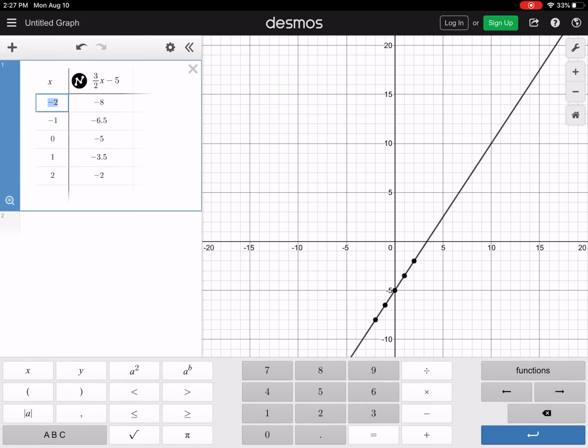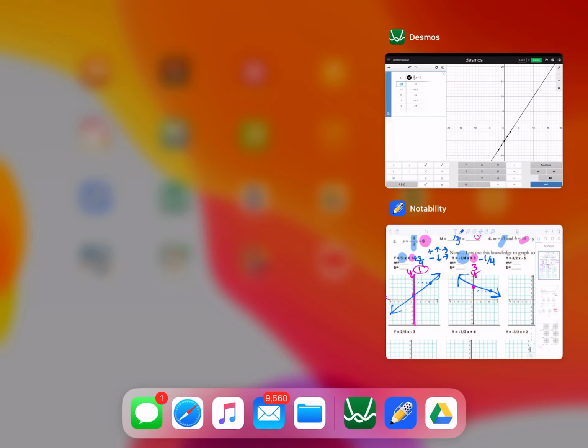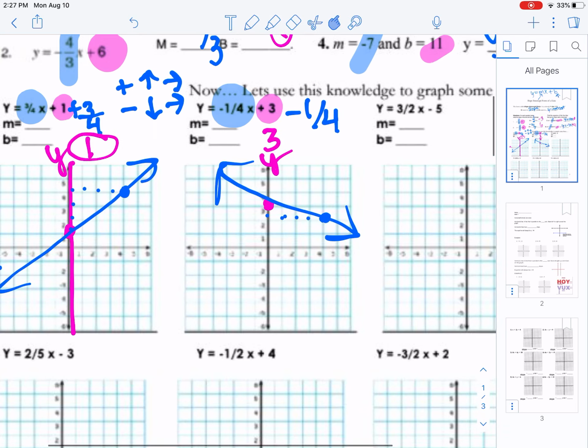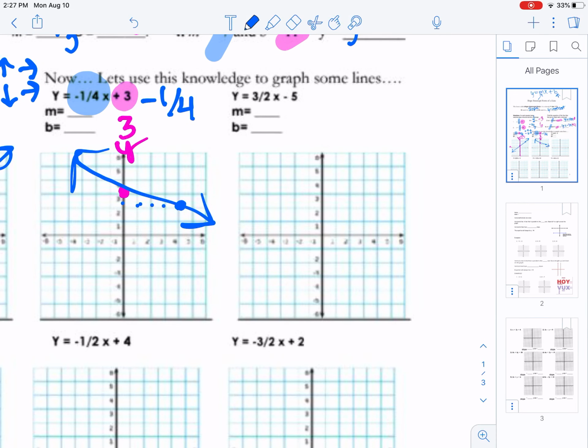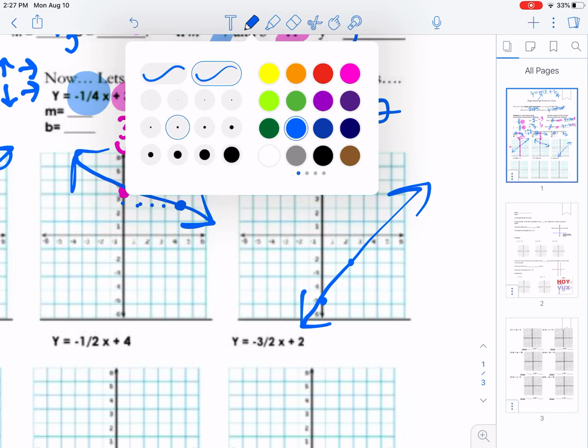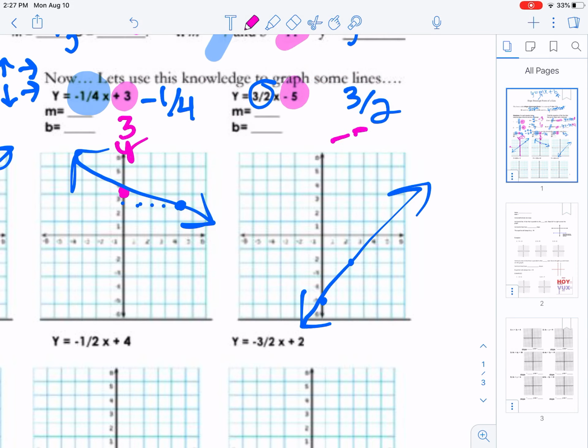Another nice one is 2, -2. So now I could plot those on my graph. I know I've got one at 0, -5, and I saw that I had one at 2, -2. So there's my graph. Okay, but if I wanted to talk about slope and y-intercept, my slope is right here, it's 3/2. My y-intercept is right here, it's -5. Okay, but you can use Desmos to help you.